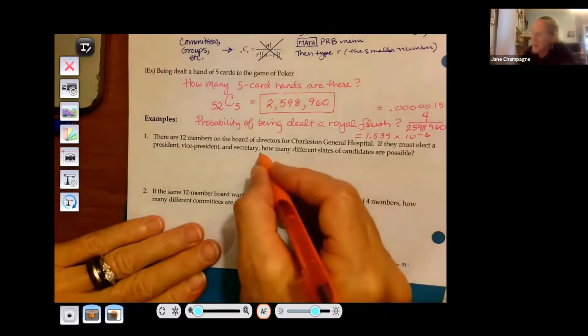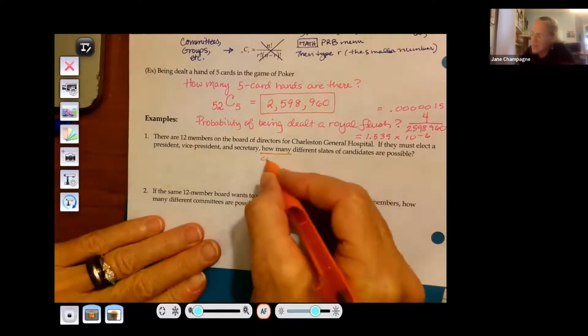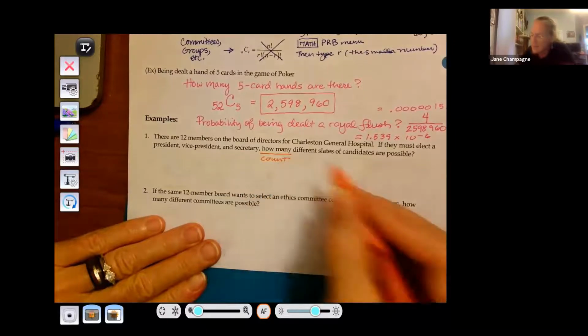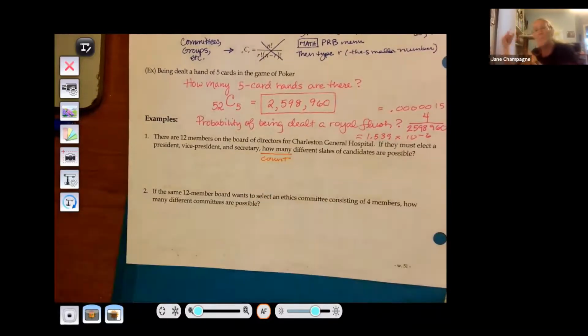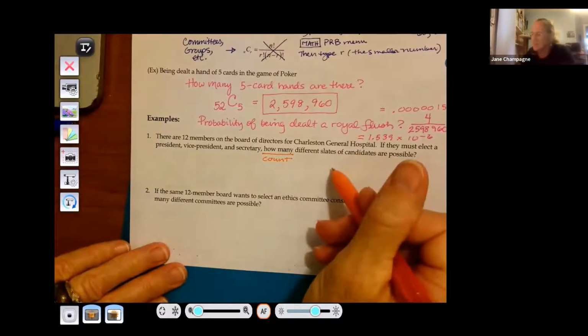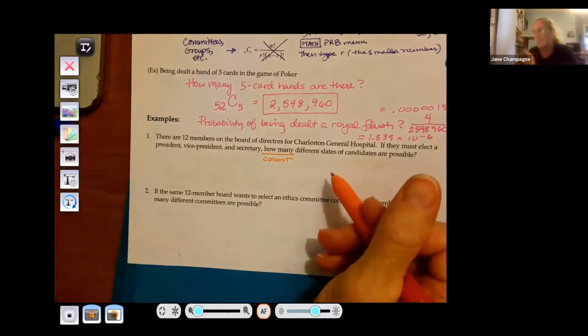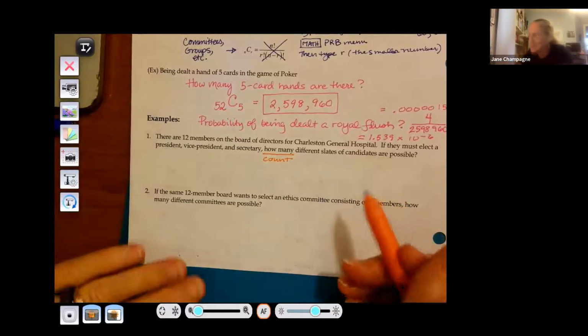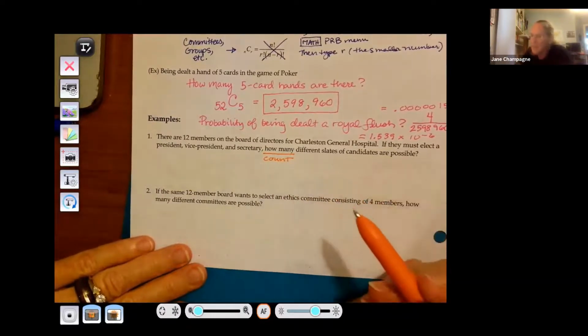This is saying how many. So that's a count, right? They might follow it up with a probability question. But the first thing you need to do is often look at how many ways something can happen. So this one is just asking for the count.